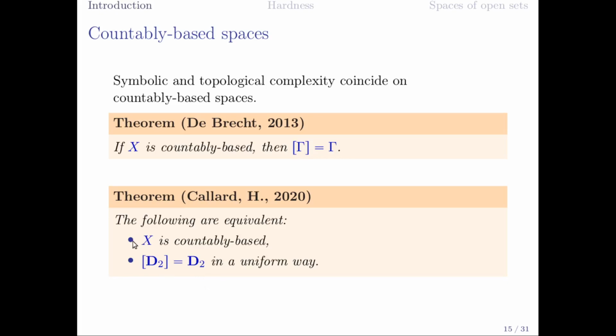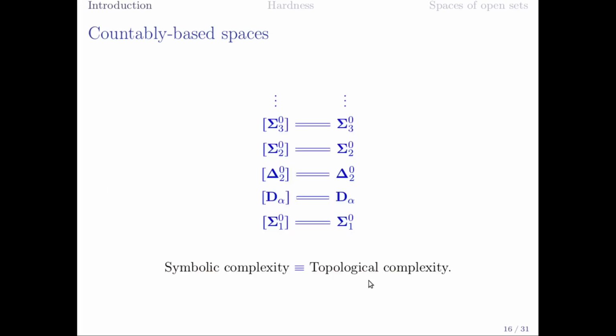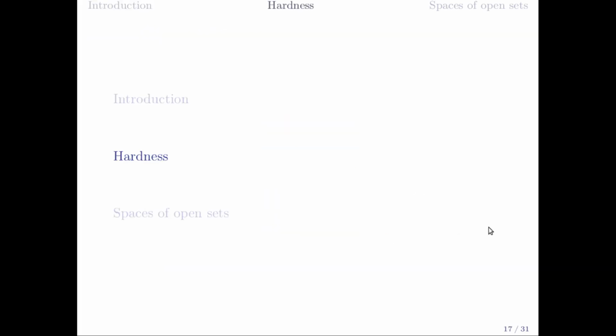So they are the only spaces where this happens. There can be spaces which are not countably based, where we have equality here, but in a non-uniform way. So on countably based spaces we have this nice picture where everything agrees from the left side and the right side. Now let's come to the results of the paper.